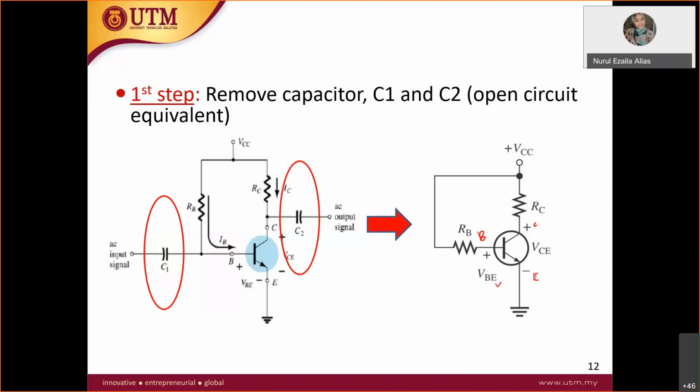Then you have currents: IB at the base and IC at the collector. In this case, the emitter is grounded, therefore there is no current at the emitter, and VE is 0 for this case.